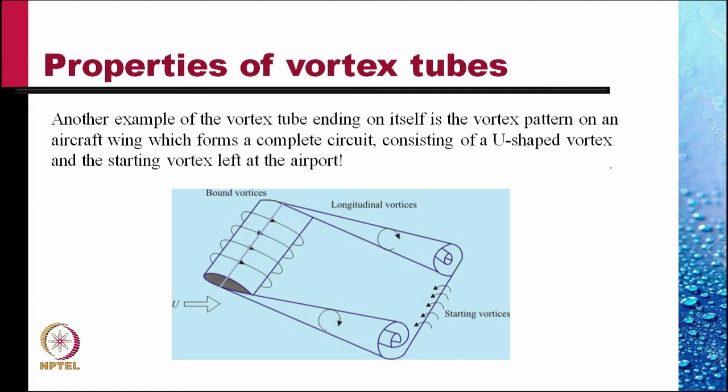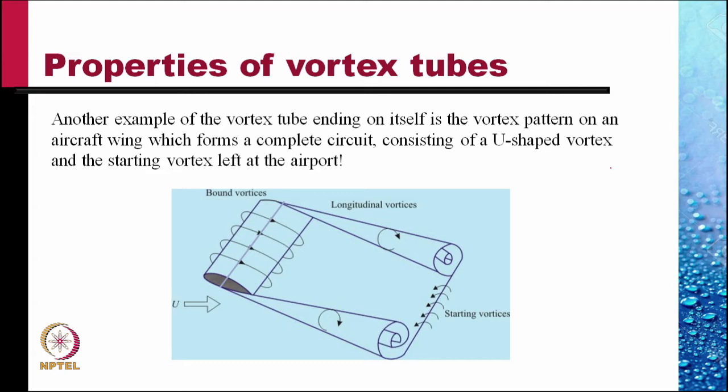We assume a bound vortex on the wing. In fact, it is this vorticity that is supposed to produce the lift. Prandtl's theory of aircraft wings is based on this assumption that there is a bound vortex with the wing.